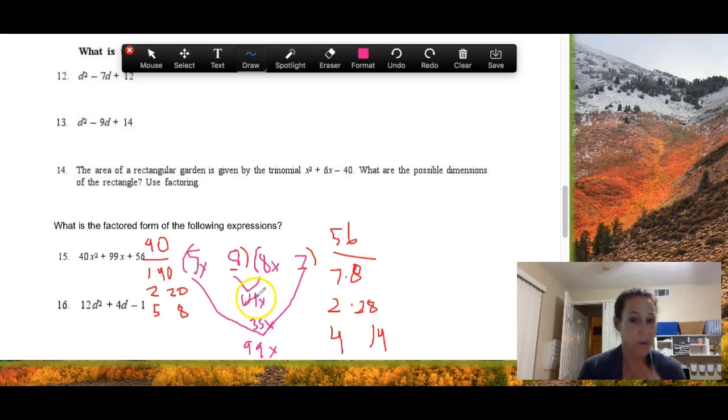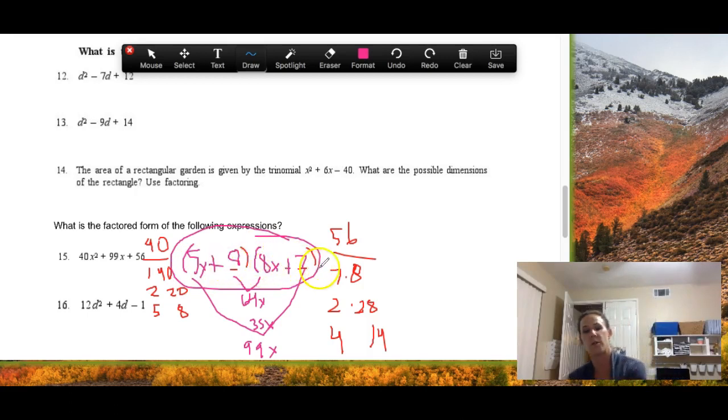And 64 and 35, well, 5 and 4 is 9, and 6 and 3 is 9. I've done it! Now, I want a positive 99x and a positive 56. Well, that's easy. That means positive, positive. So that's how I guessed and checked this one. All right, 5x plus 8, 8x plus 7.